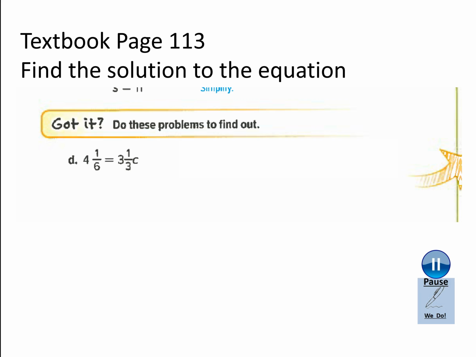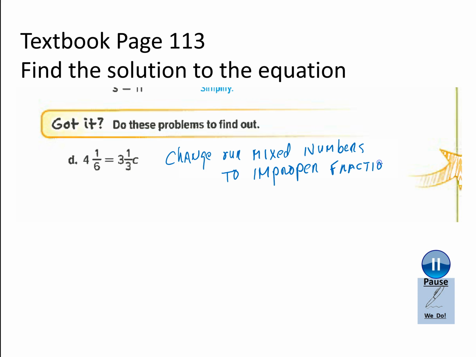So now they just add one step. We have to change our mixed numbers to improper fractions. And then we can solve. Okay, so what did we say this one was?